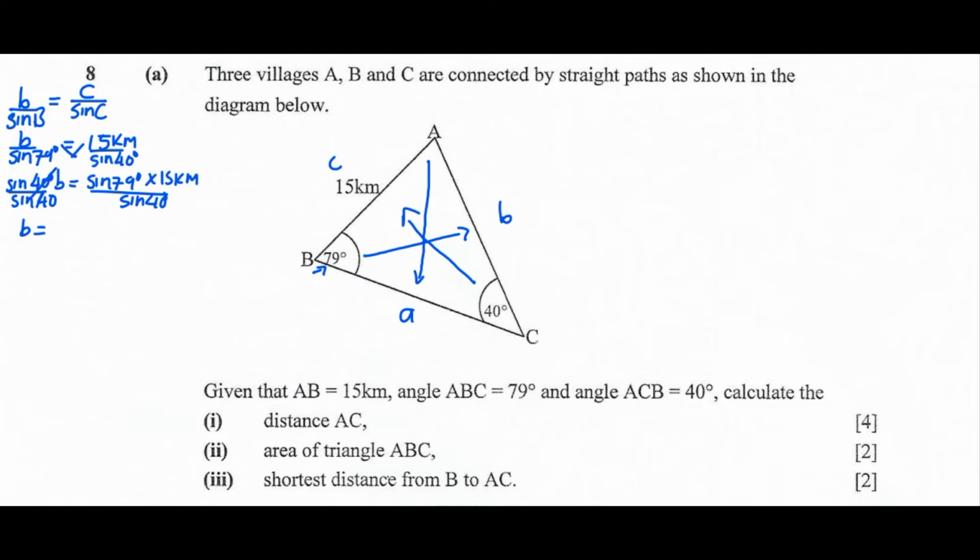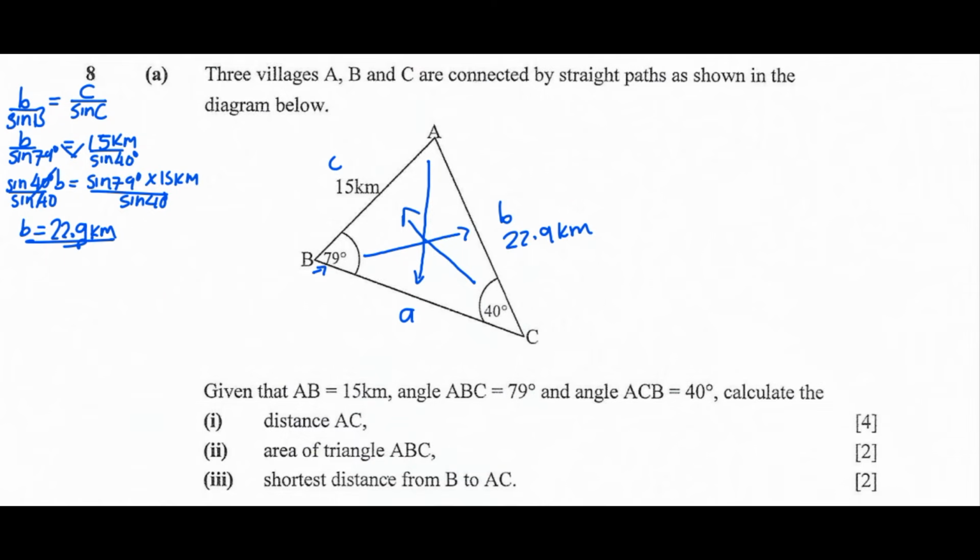So I'm getting about 22.9 kilometers. So this is our answer. So this means that the distance here is 22.9 kilometers. If we were to round it off to the whole number, this is approximately 23 kilometers. So we have found the distance.